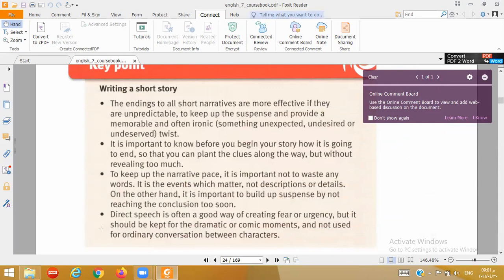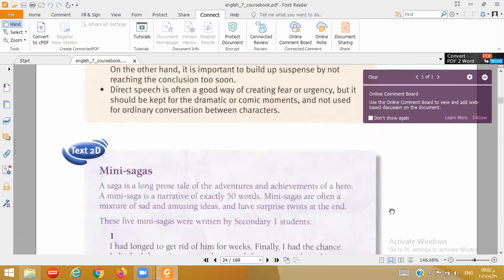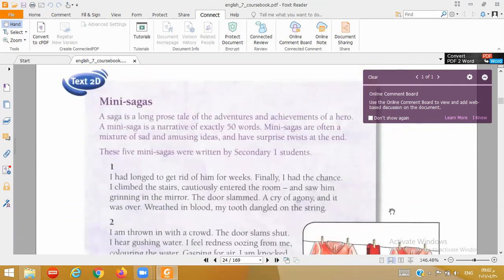Okay. Look, I want you to read the last note here. Direct speech is often a good way of creating fear or urgency, which means it's better to use direct speech. Now, I want you to write a story, guys.